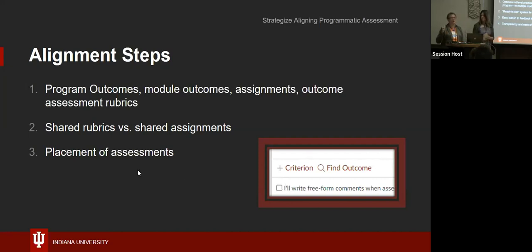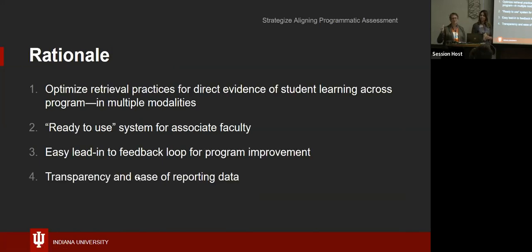So if you are in charge of a program like I am, where we have face-to-face courses, hybrid courses, and 100% online courses that are distance directed, so that means there are some synchronous meetings, or if you're 100% online asynchronous, you can still pull data from across all those multiple modalities.